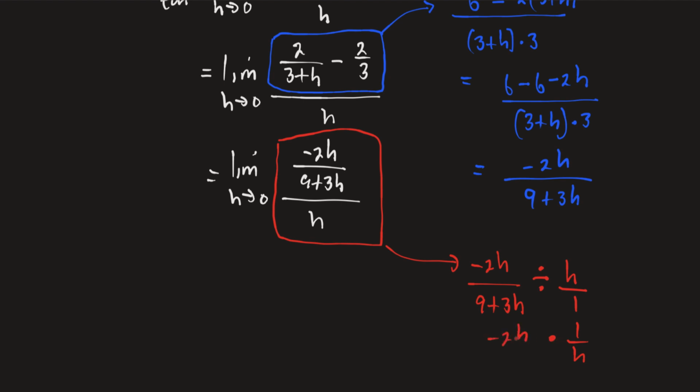So we have negative 2h over 9 plus 3h, and then what happens is there is that common factor again. This reduces, right? And then so all of this now reduces. There's still a negative 2 in the numerator, and then the denominator is 9 plus 3h. So I think we've finally got it to a point where once we've canceled out that common factor of h, then it means we're free to evaluate it again, right?